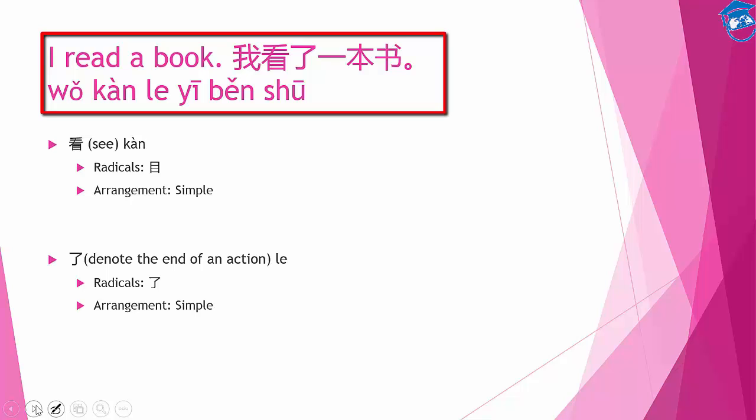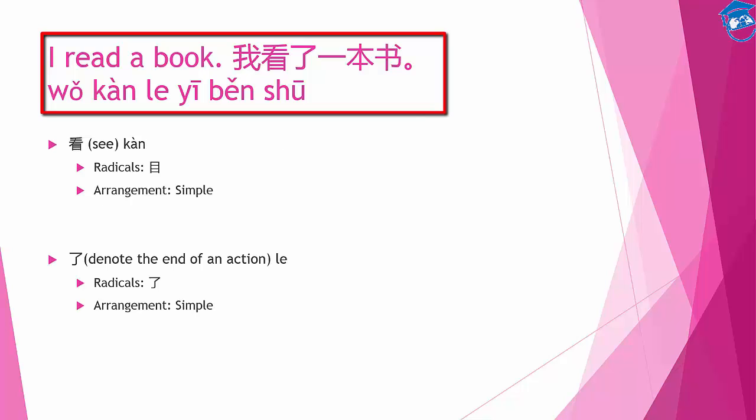In Mandarin it is 我看了一本书. 看 here actually means see, so it's more like you are not reading it carefully, you are just reading it leisurely, so you can use this Chinese word 看. And the pinyin is this, the radical is what's at the bottom here, the arrangement is simple.